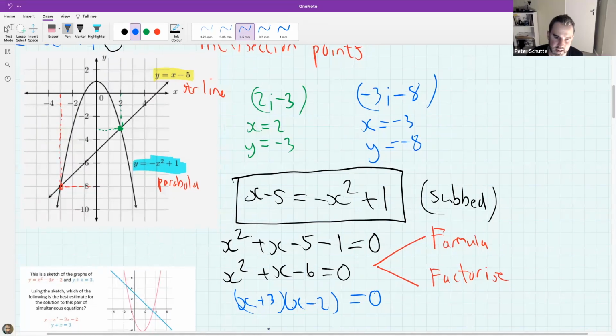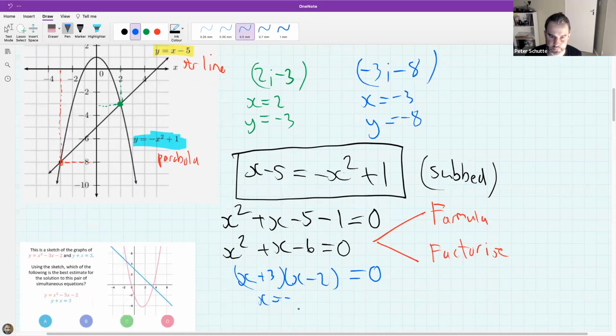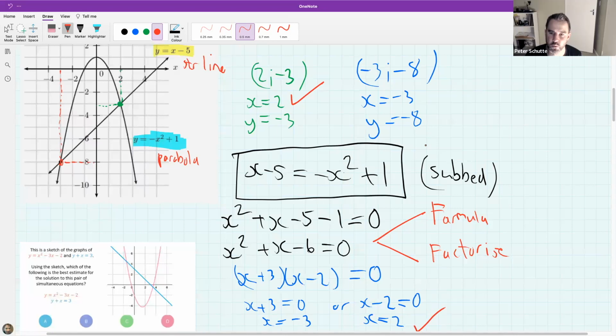So here we get x is equal to, well, let me do both brackets. So I go x plus 3 is 0, or x minus 2 is 0, x is minus 3, and x is 2. This makes me very happy because that is what I wanted to see matching.